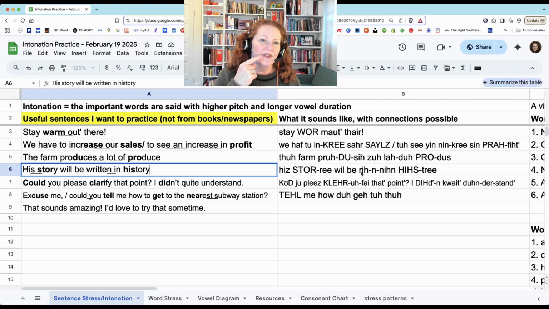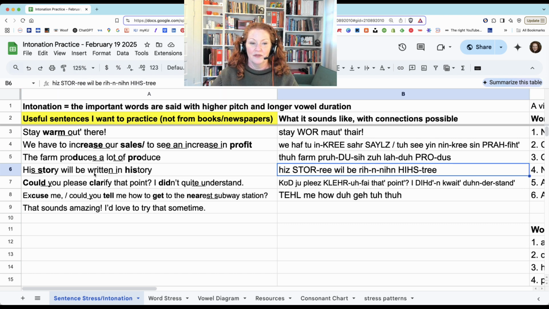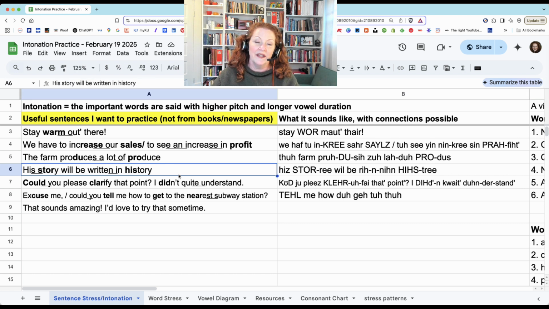So your tongue goes up for the T, and instead of releasing the airflow, hold it there, written, and make the N noise. And now "in," written in, because you're going to connect the N to the word "in," and it will sound like "written in." So that's kind of interesting, I think. His story will be written in history.